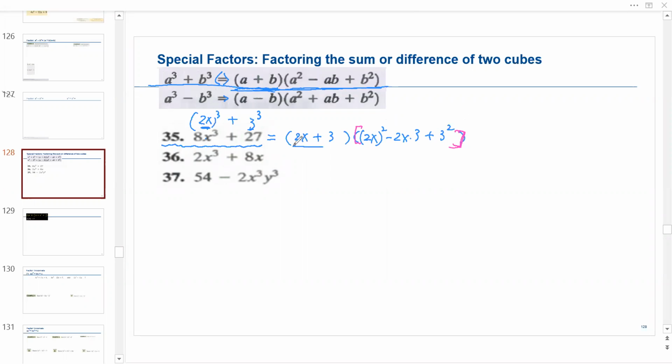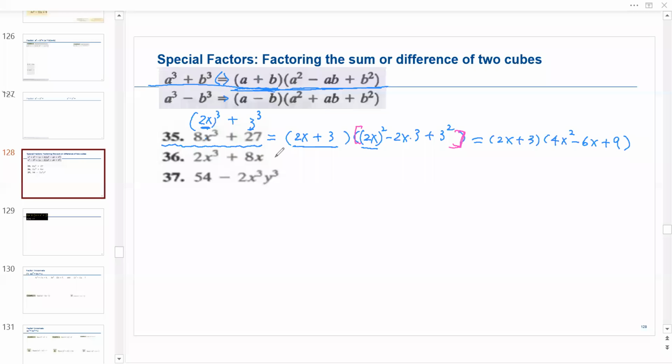So actually this is A plus B, and this is A squared minus AB plus B squared. Let's organize them. So here we get 4x squared minus 6x plus 9. Right? We organize it here, so it is easier, right?